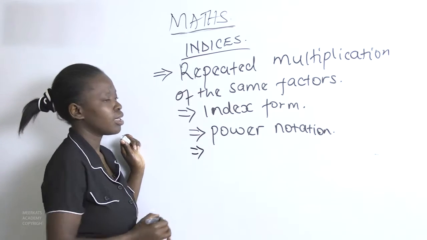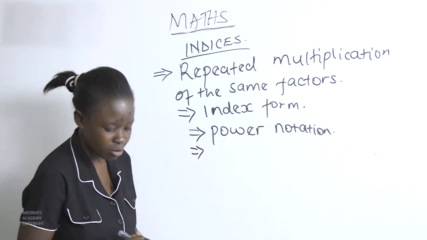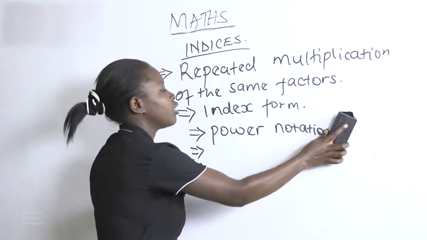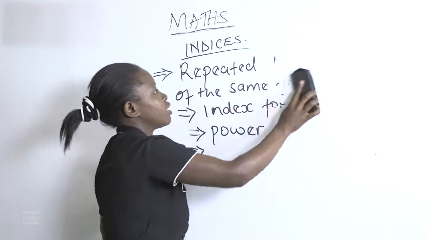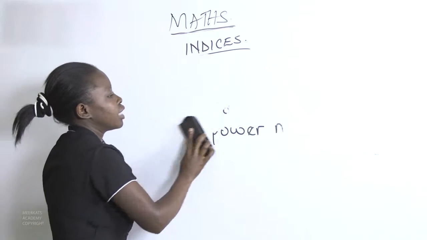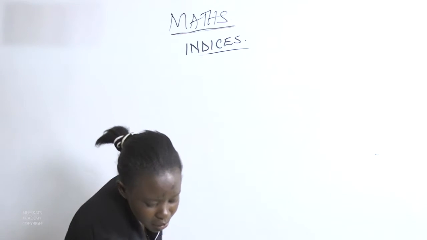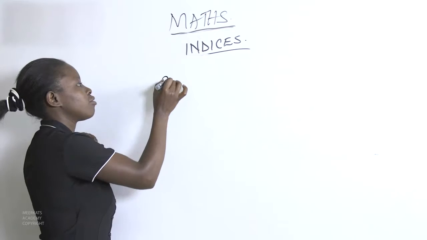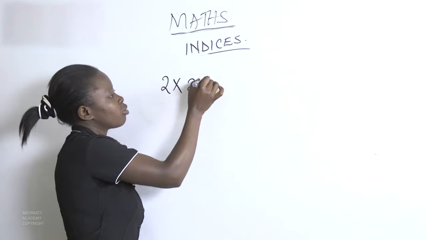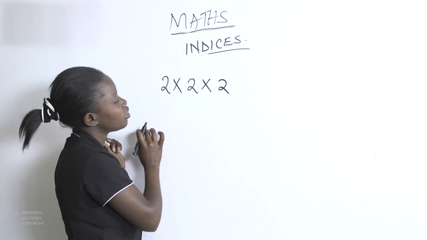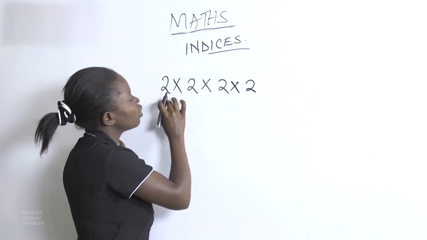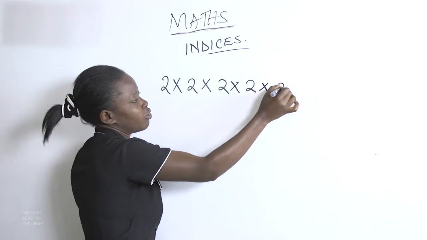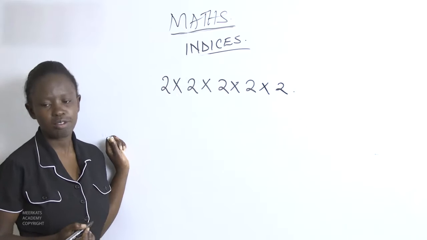For example, if I'm having repeated factors, like my 2 is repeated, let's say 7 times or 5 times, let's use 5. So I'm having repeated multiplication of 2, 5 times. 2 is repeated 5 times.